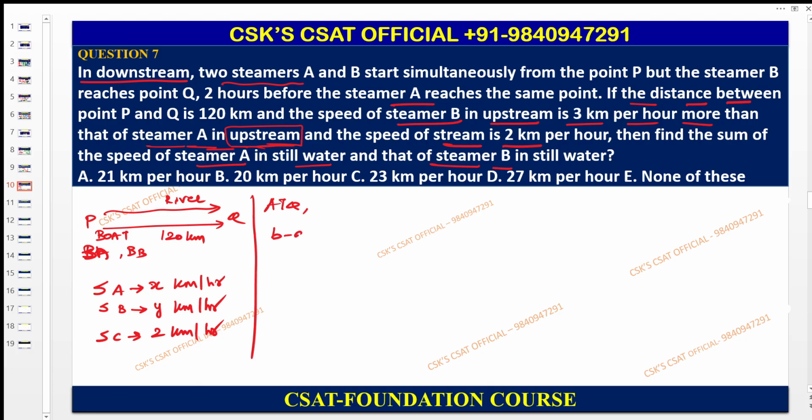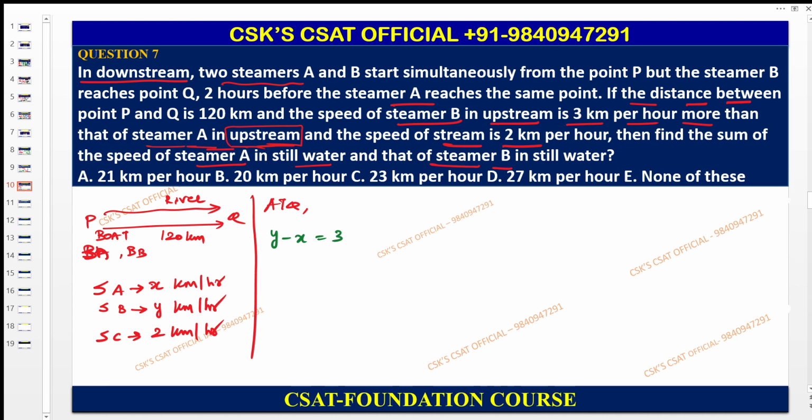To calculate this, you need to understand only one thing. The speed of steamer B is 3 kilometers per hour more than that of steamer A in upstream. Upstream means what you need to do here? You need to subtract. So that is the logic you need to understand.